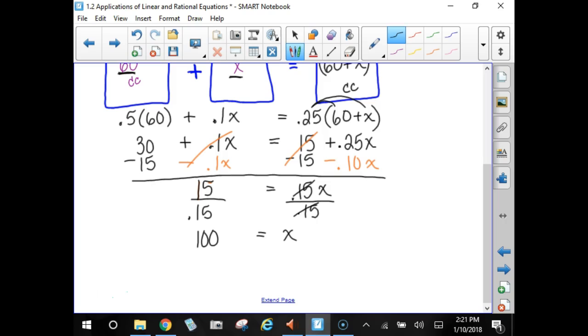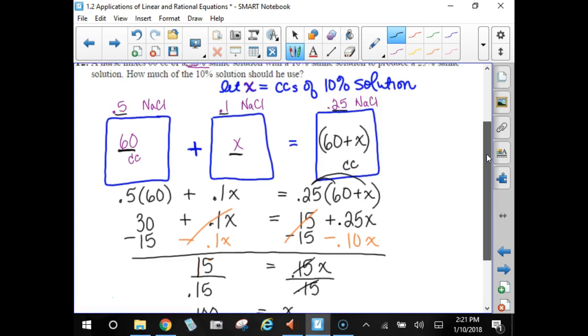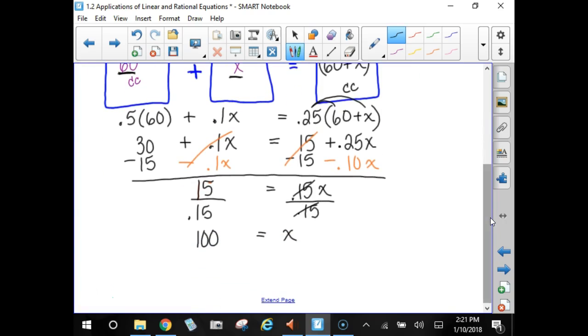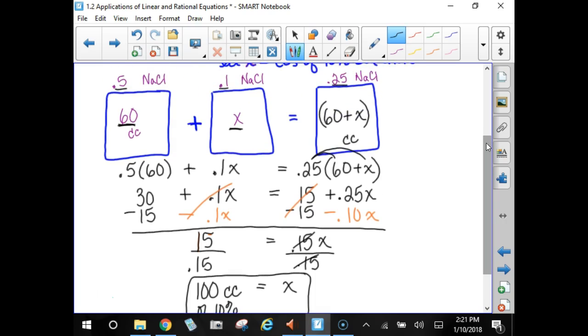So remember what x was. Go back and refer to your sentence. X is the number of cc's of the 10% solution. So if we add 100 cc's of the 10% solution to that 60 cc's of a 50% solution, that will be the correct proportions to add together to give us the 25% solution that we need.